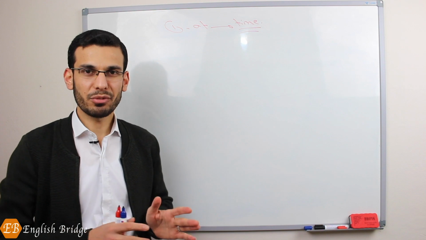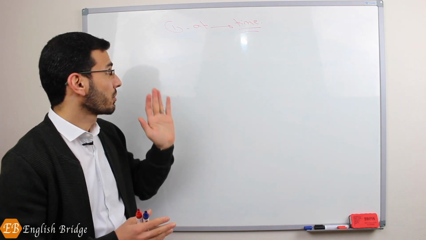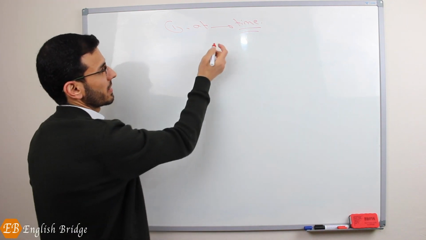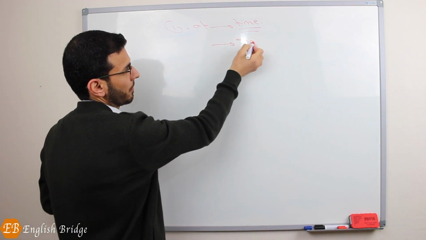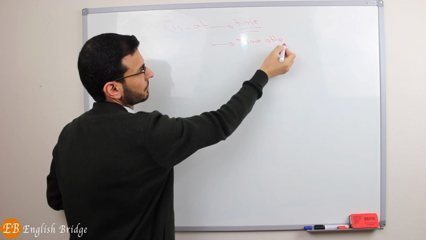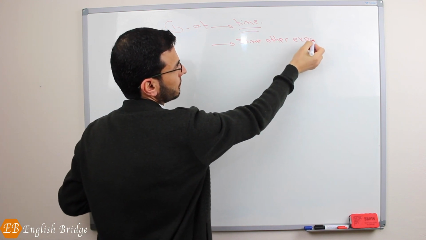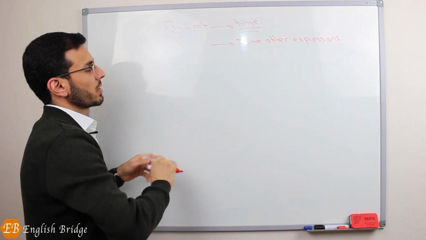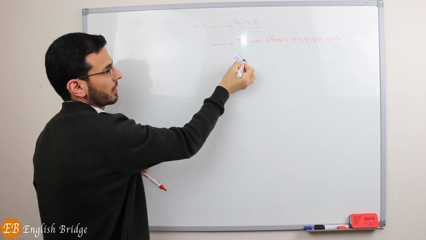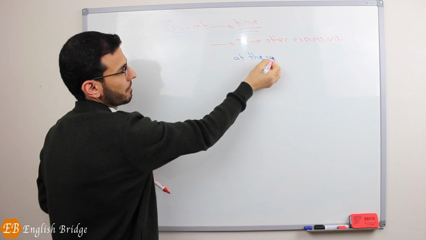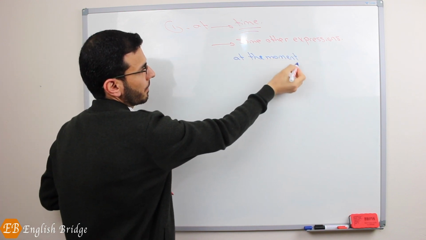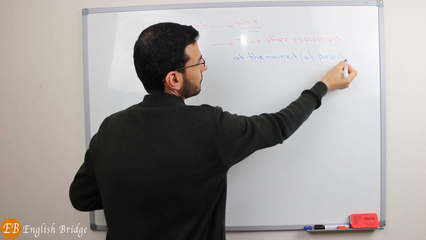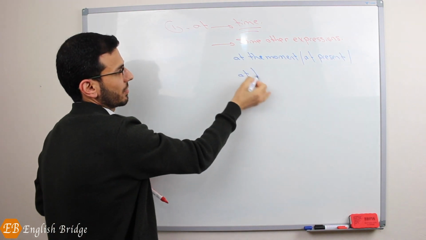All right, the second thing we need to focus on is that we don't always use at only with time. Sometimes we can use it with some other expressions. So, for example, we can say at the moment, at present, at this time.